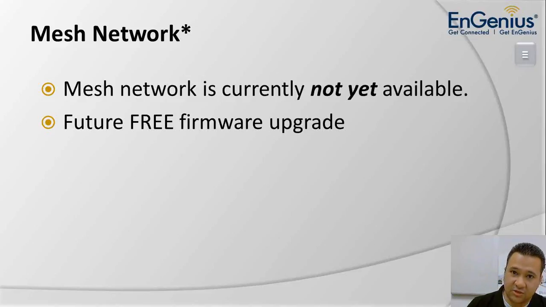Don't take it for granted that we have mesh network. Actually, mesh network currently is not yet available. Not yet means that our R&D is working on it, and it will be available in a future firmware upgrade. I don't know which one.